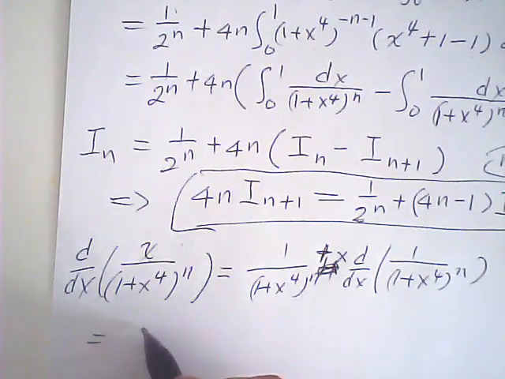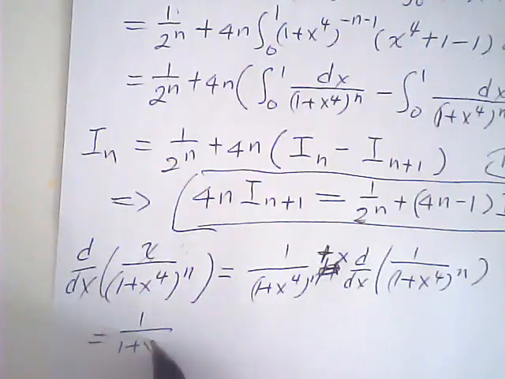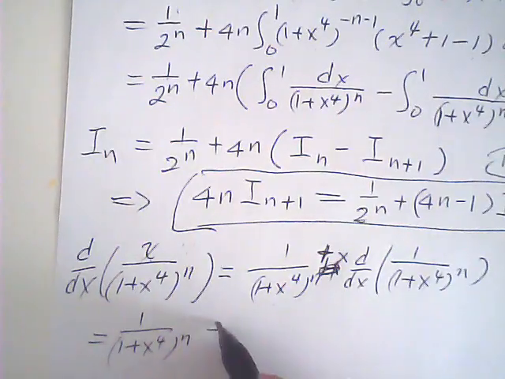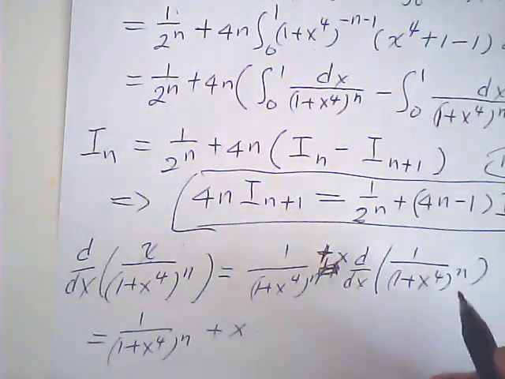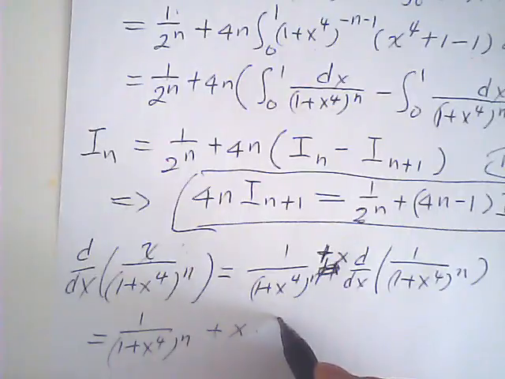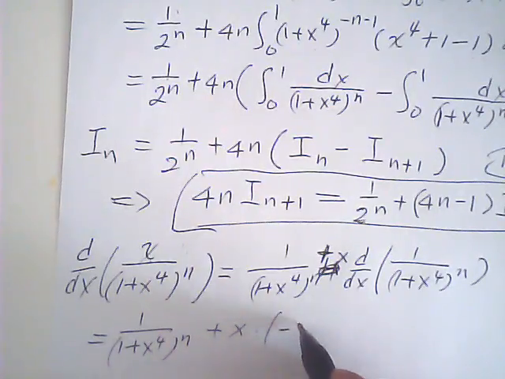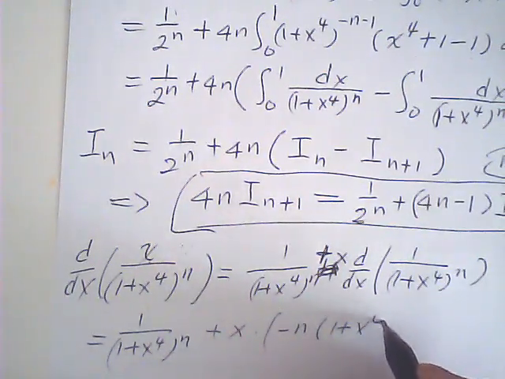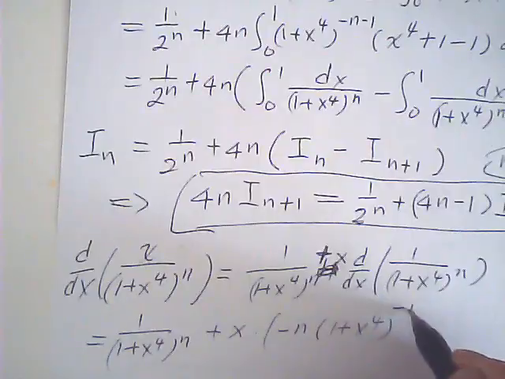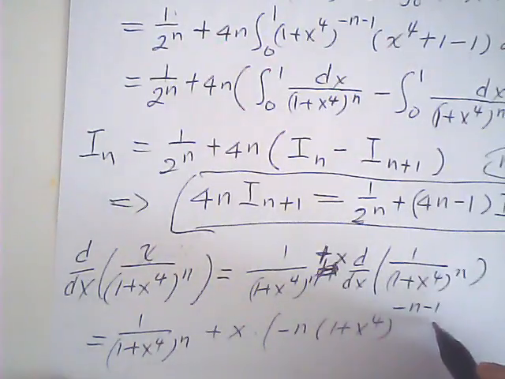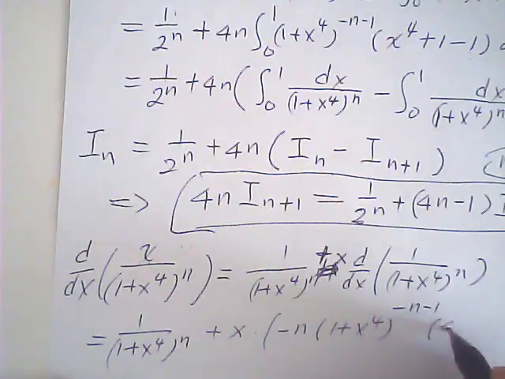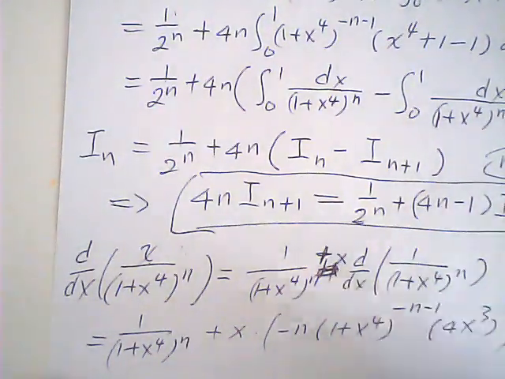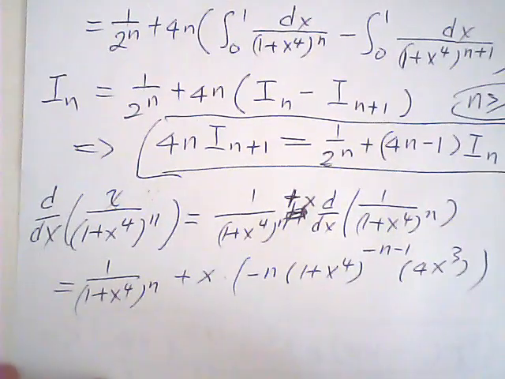So this one is equal to 1 over 1 plus x fourth to the power of n plus x times this derivative. That derivative is equal to negative n times the derivative of this, times 4x cubed. Well, good.